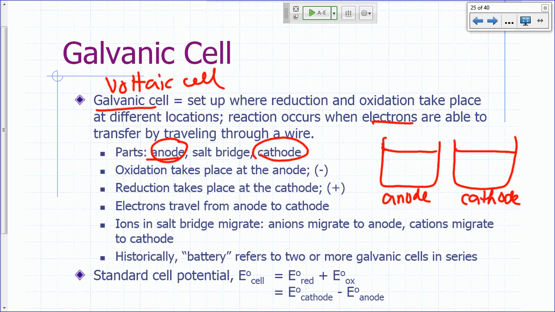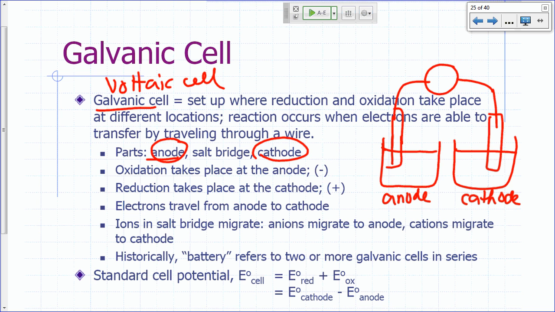Normally you'd have a piece of metal sticking out of your anode. That could be part of your reaction, a reactant or a product, and a piece of metal in your cathode, and then you hook them up with a wire. You can put a load here, or you can put a voltmeter here to monitor the tendency of the electron to go from one to the other.